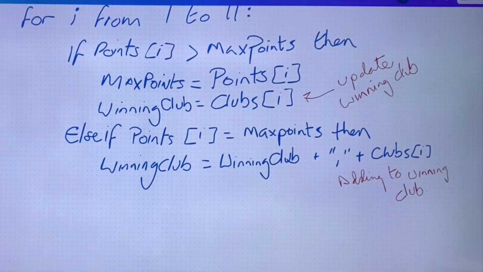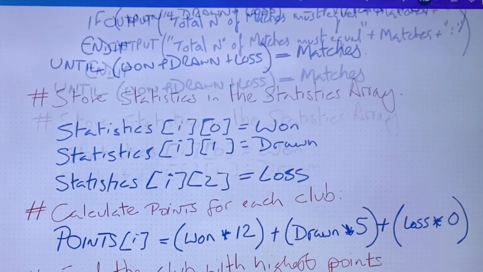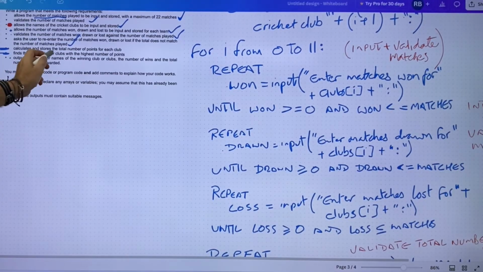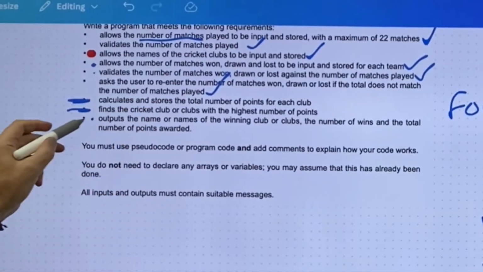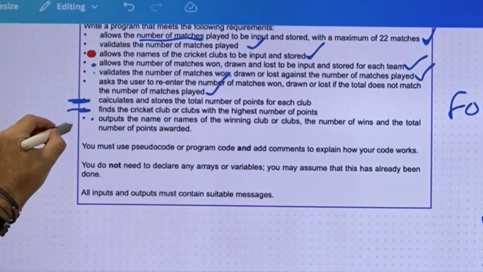So we've done all the information. It's quite a long one. We've found the clubs with the highest number of points. All we need to do now is output the name or names, so it's a nice, easy bit to finish.